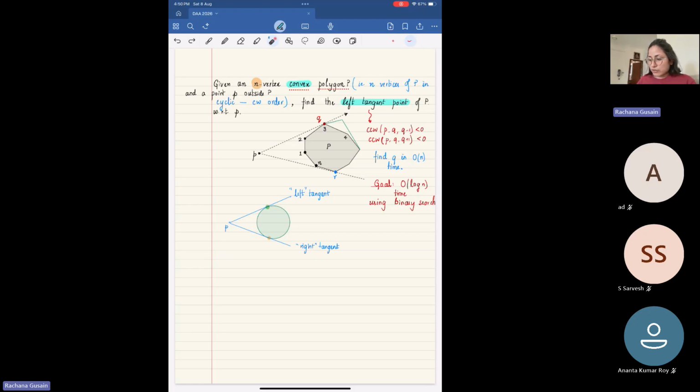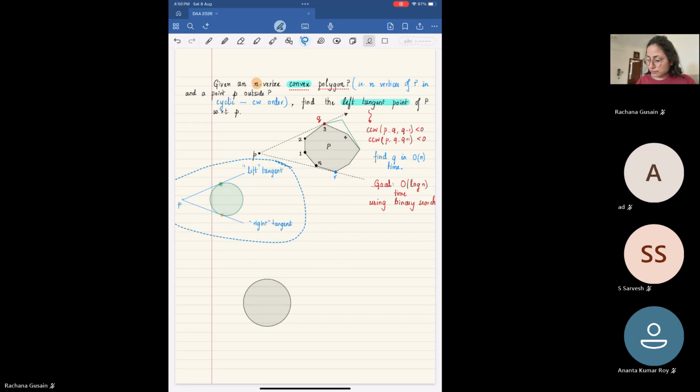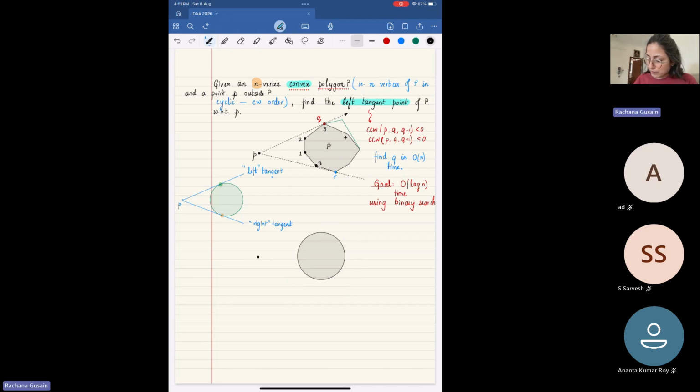So just to keep the diagram simple, let's say all my points are lying on this circle, and there is this external point P. That's the tangent line I'm looking for, or rather I'm interested in finding this point Q.